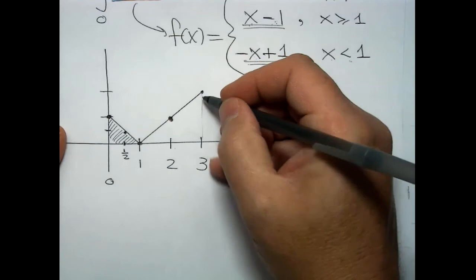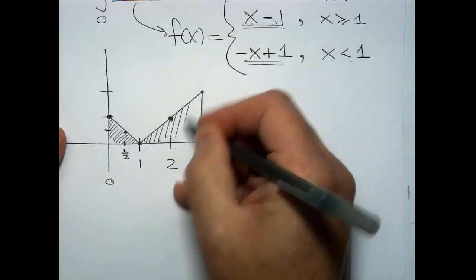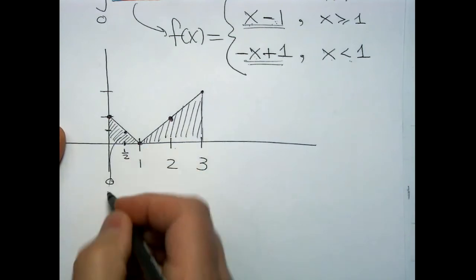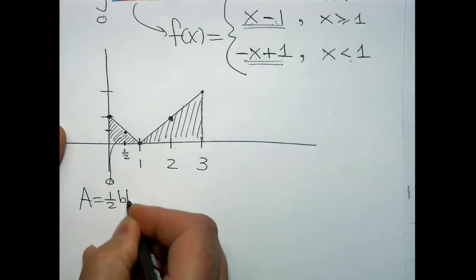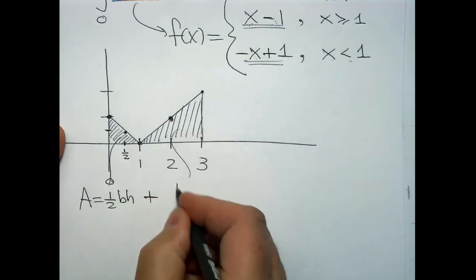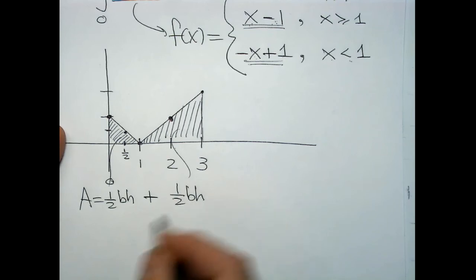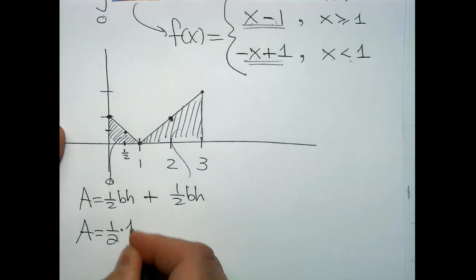Do we really need calculus to calculate the area of two triangles? I don't think we do. So let's do this, guys. Let's get the area of the first triangle, 1/2 base times height, plus, let's get the area of the second triangle, 1/2 base times height. So area is 1/2. My base is 1.